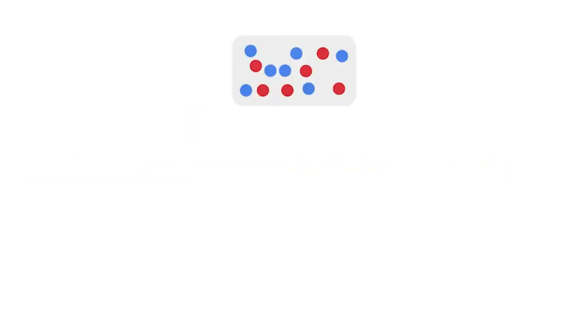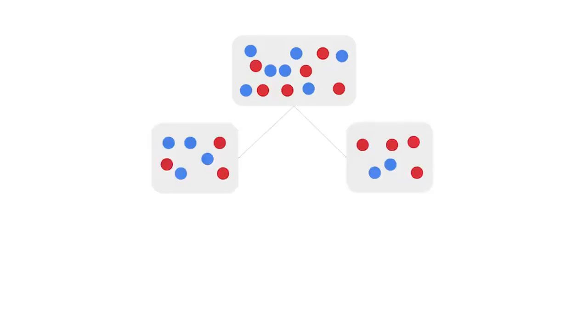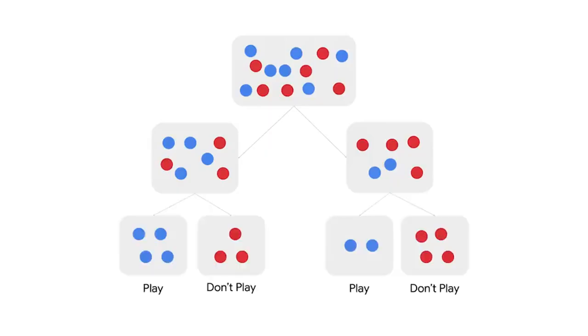The algorithm decides what and where variables are split based on what will provide the most predictive power. So, for example, if 90% of the time that it rains, soccer is not played, this variable would be very predictive. Splitting the data on Outlook would give new groups, each of which has a majority of play and don't play.